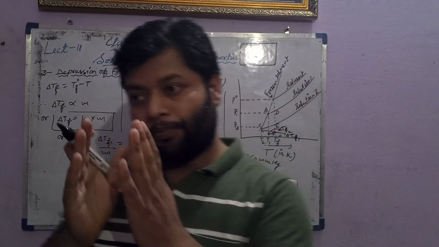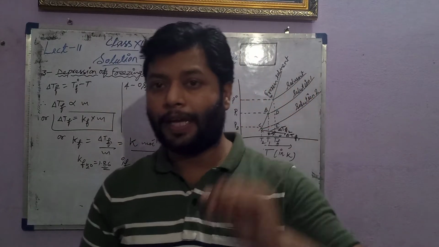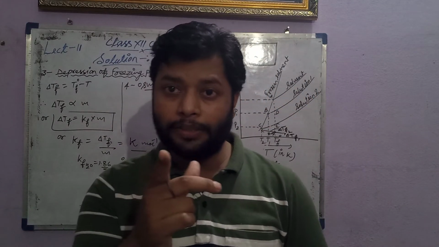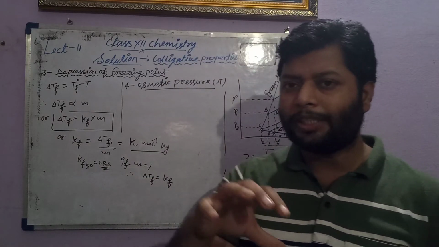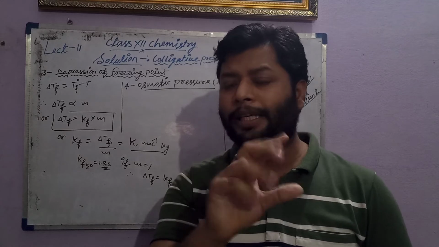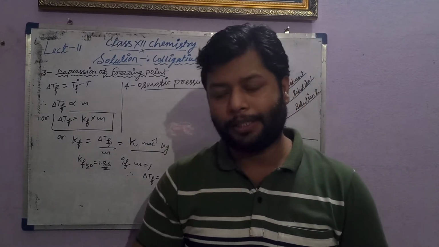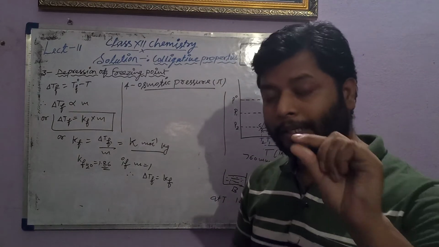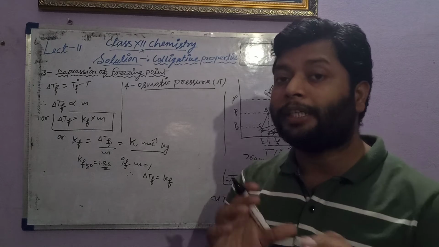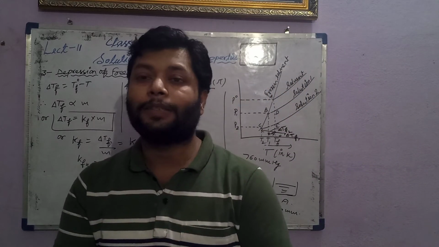And the flow of gaseous particles from higher concentration to lower concentration is called diffusion. Diffusion is generally used for gaseous particles or very fine solute particles, but for aqueous solutions we use osmosis.